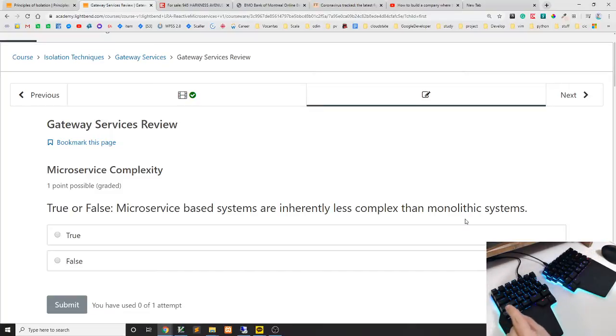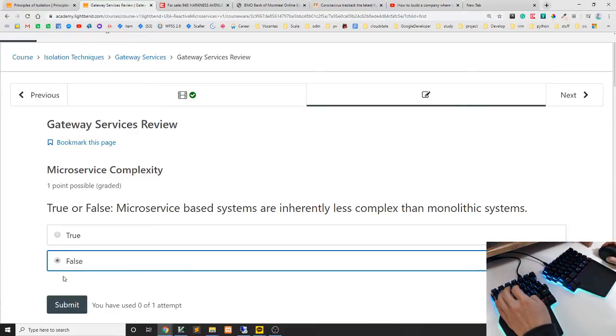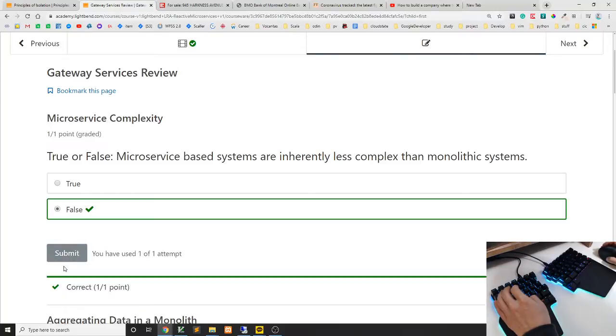Then from the customer point of view or client point of view, we need to go to this microservice to get certain information and go to the other microservice to get that information, and then mix them together to have a meaningful answer out of those two systems. So the answer is false.